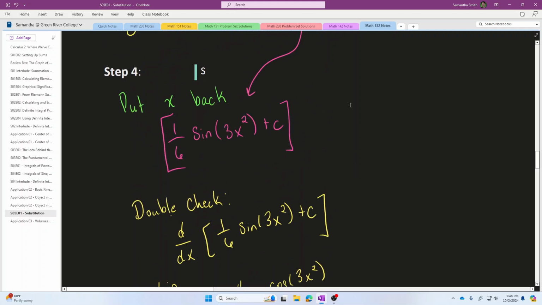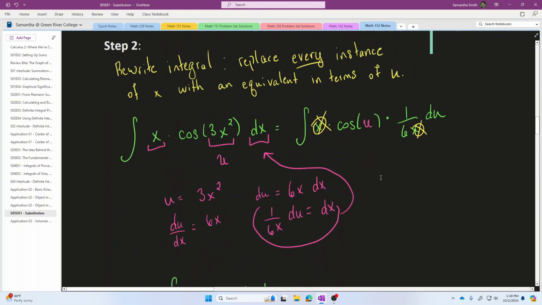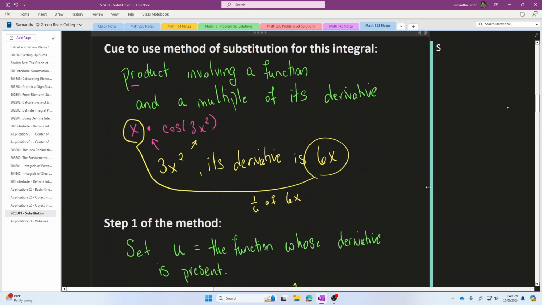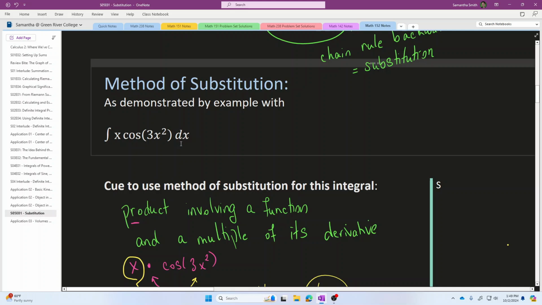So this is the correct indefinite integral of the function that I started with. Method of substitution is chain rule backward. Method of substitution is used to calculate the indefinite integral of certain products, specifically products where you are seeing a function as well as a constant multiple of that function's derivative.